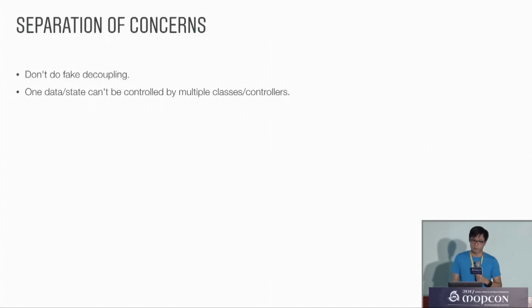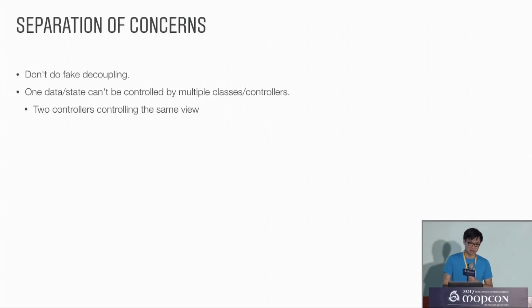If you have two controllers trying to control the same data, usually that's a smell for fake decoupling. A more concrete example would be if you have two controllers trying to control the visibility of the same view. One controller would show and hide in one situation, another controller would show and hide in another situation, and they don't know each other too well because they are in different classes.